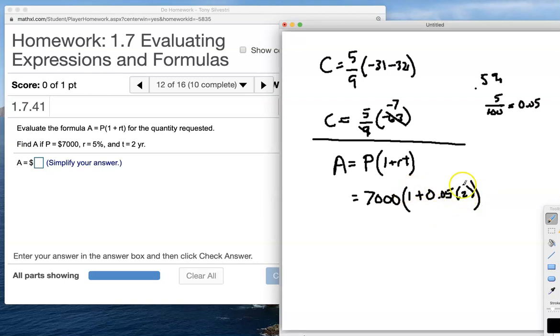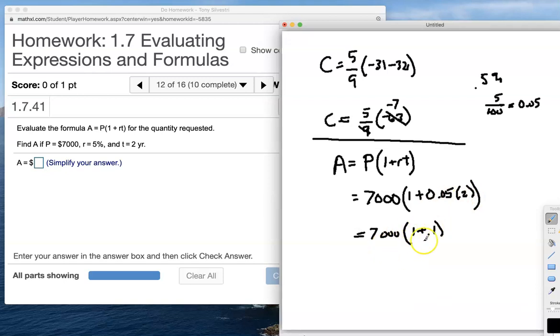Well, you got to do what's inside the parentheses. And what's inside the parentheses has a multiplication that's got to be done first. So, here's what we have. 1 plus 0.1. Right? That's the multiplication we do first.